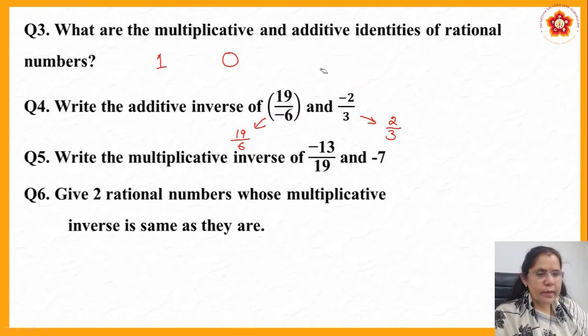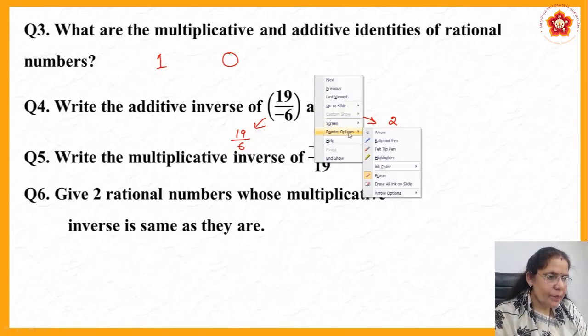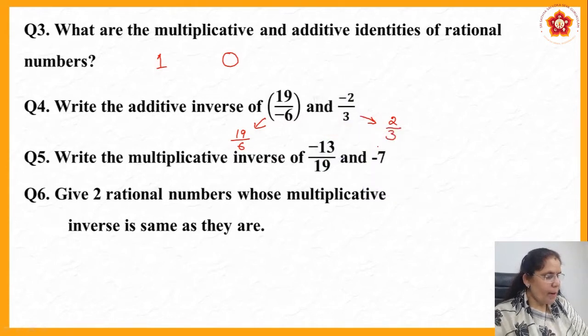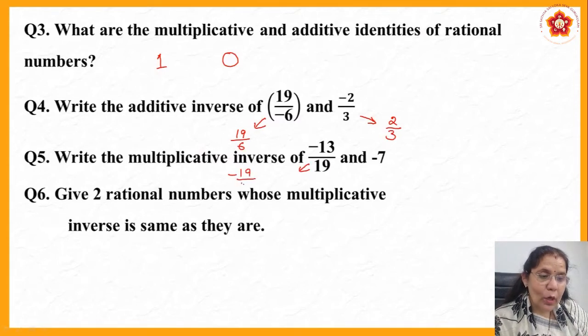Now let us look at question number 5. Write the multiplicative inverse of minus 13 upon 19. If you recall, the multiplicative inverse is actually the reciprocal of that number. So what is the multiplicative inverse of minus 13 upon 19? It will be minus 19 upon 13.